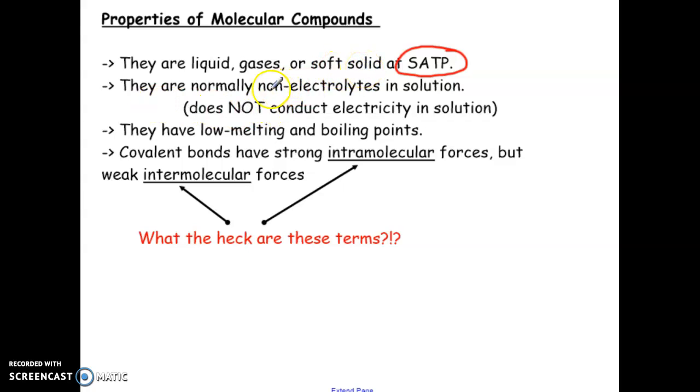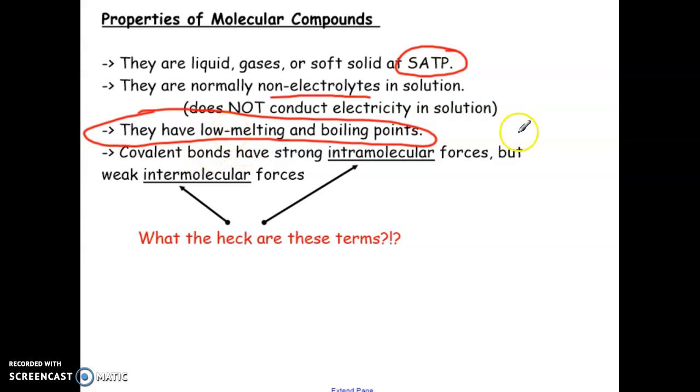Normally they are non-electrolytes, meaning they do not conduct electricity. So in terms of conductivity, it's the opposite of ionic compounds. Compared to ionic compounds, their boiling points and melting points are relatively low.